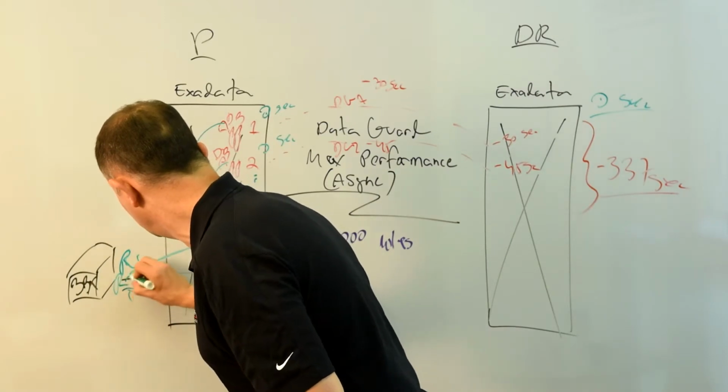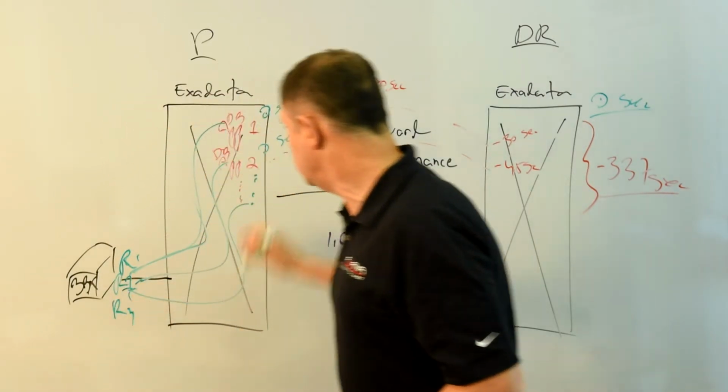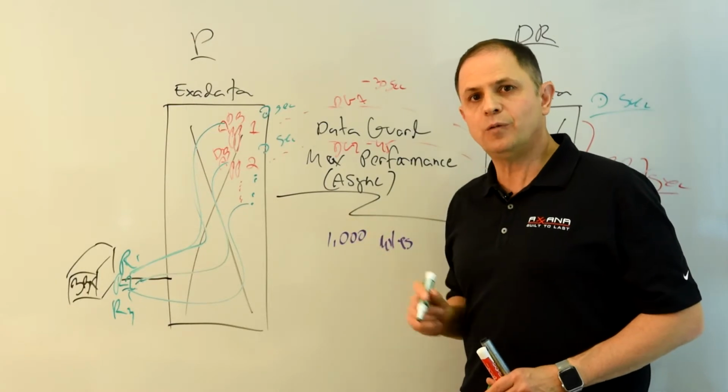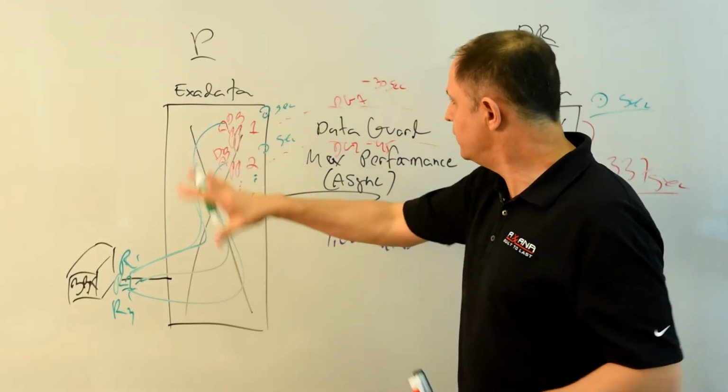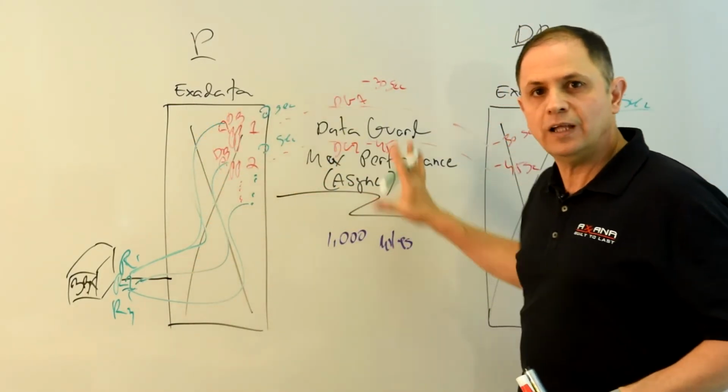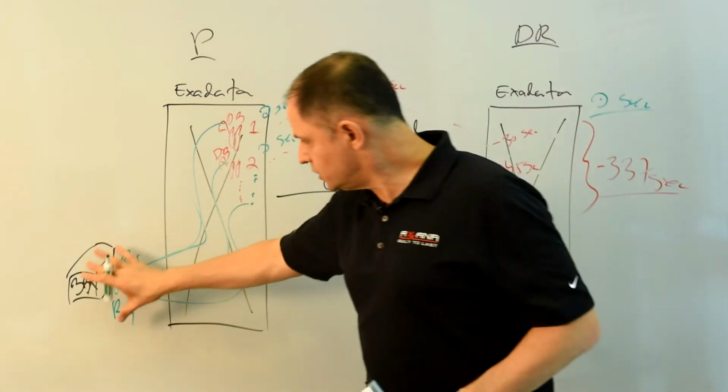So redo 1, redo 2, redo 3. Now all of them are at 0 because Axxana keeps all of that. Axxana does not have a lag. Axxana keeps all of those latest and greatest.